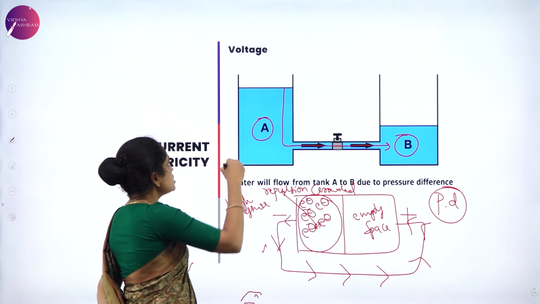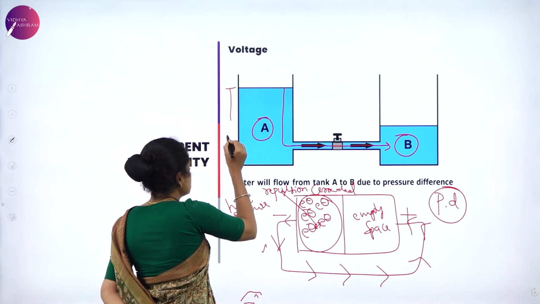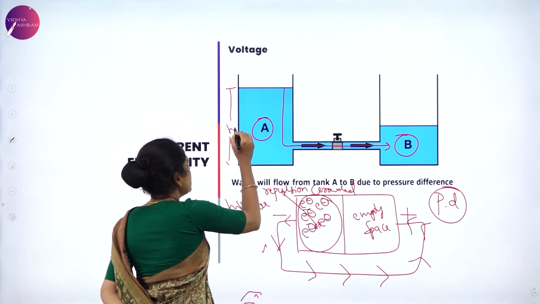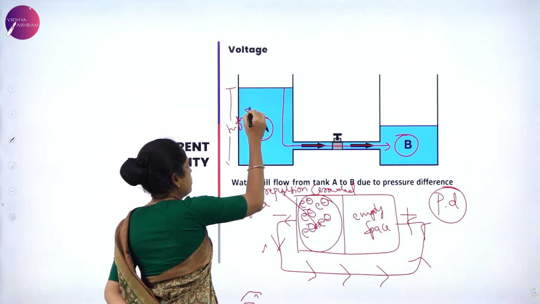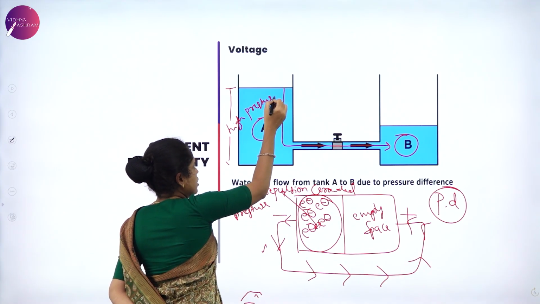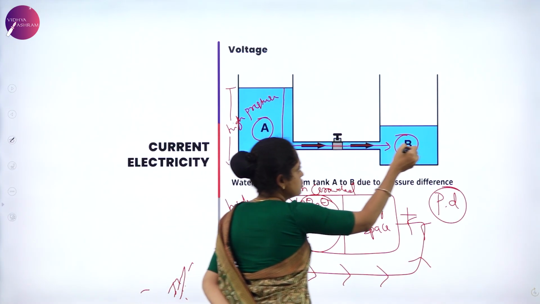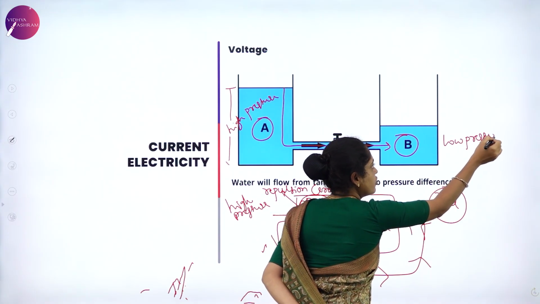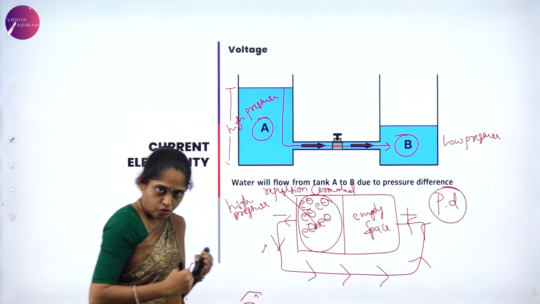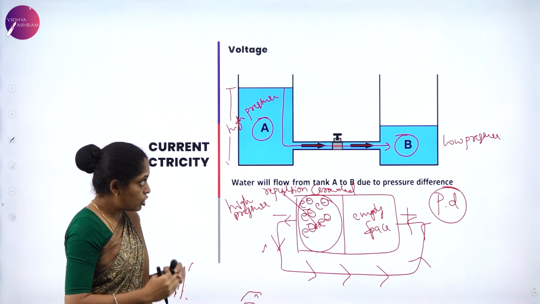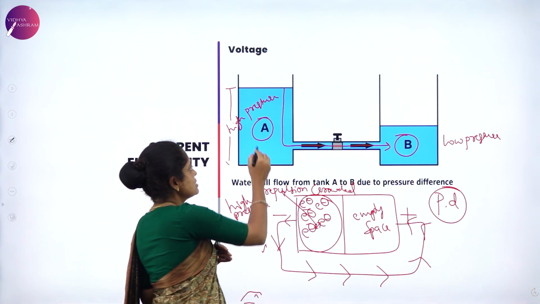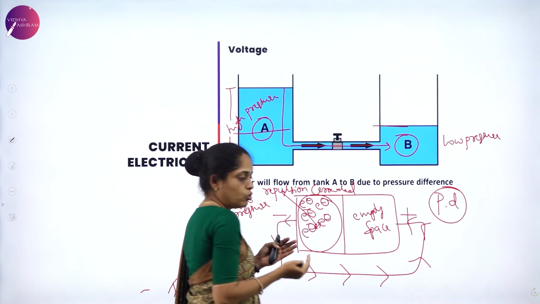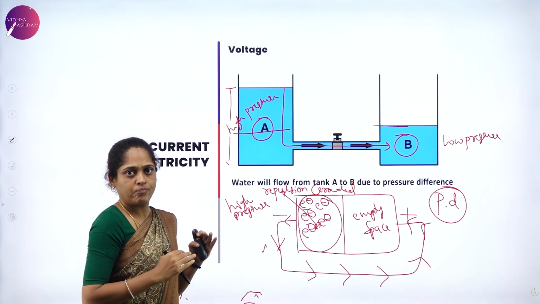This means the water level which is high has the high pressure, and the water flows towards the low pressure. Because of this pressure difference, water starts to flow and it continues until the levels are equal, until it reaches the same level.